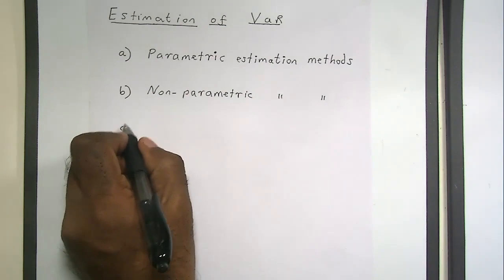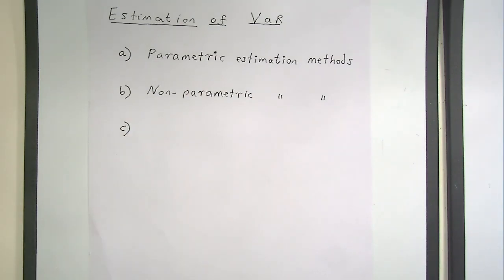Non-parametric means that you don't assume that the data come from a specific distribution. So the estimates do not assume any specific distribution for the data, right?